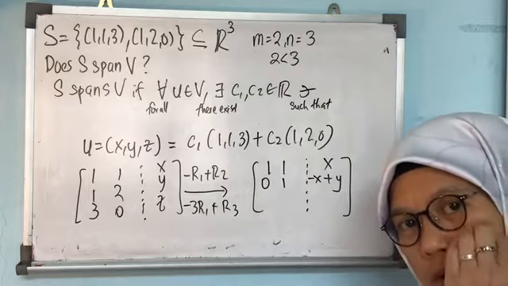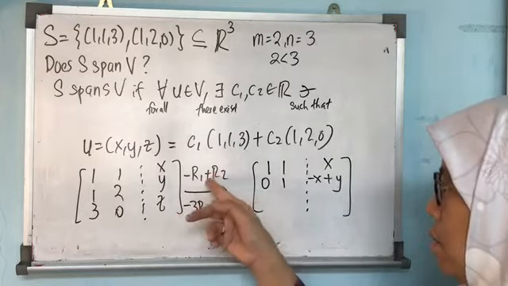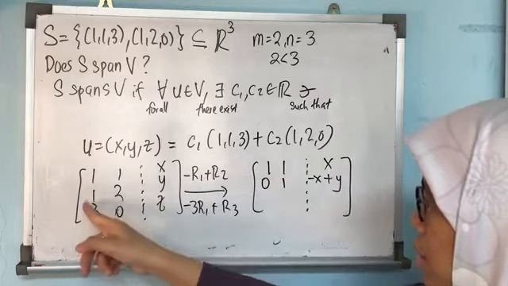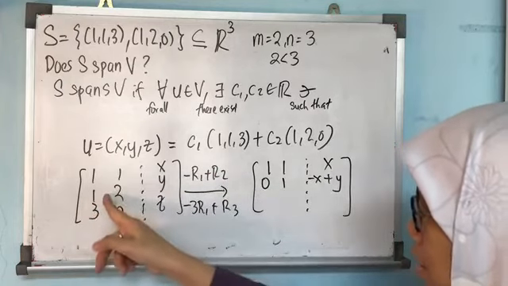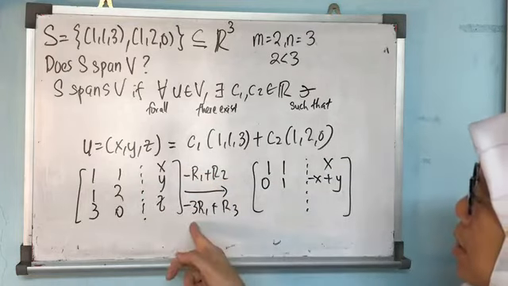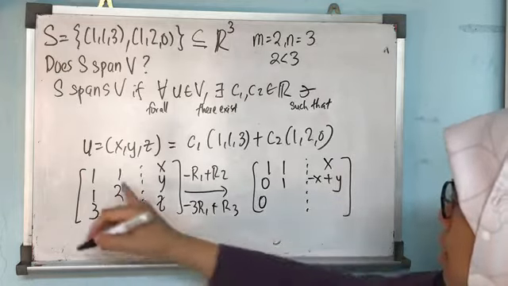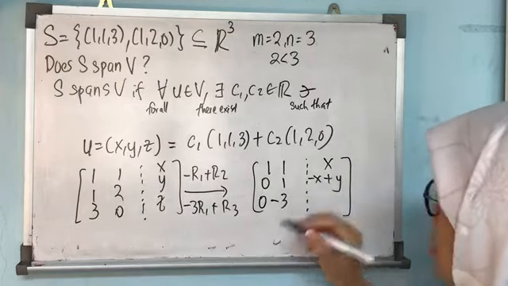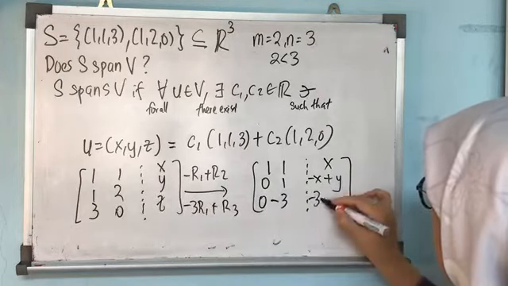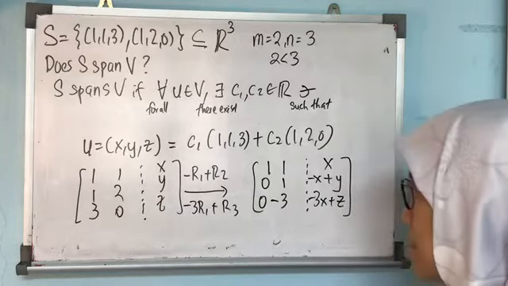So you just have to do it in terms of X and Y. Negative row 1 plus row 2: negative 1 and add, negative X plus Y. This one is negative 3R1 plus R3: negative 3 and add, negative 3X plus Z.